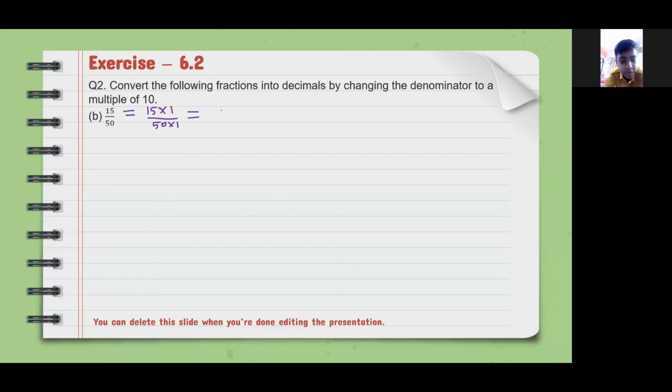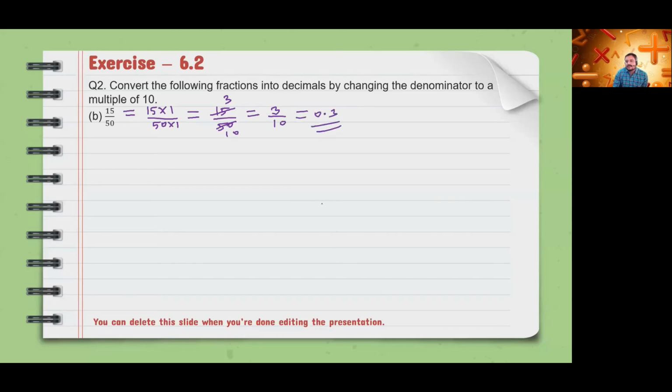So it will be 15 upon 50. So 15 divided by 50. If we divide by 5, 3 fives are 15 and 5 tens are 50. Now 3 upon 10 came. So what does it come to? 0.3.